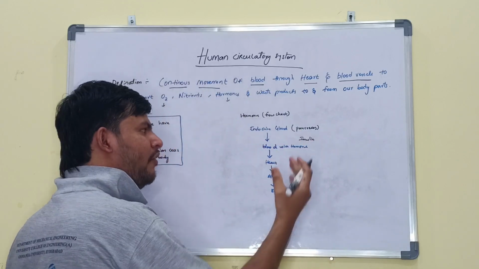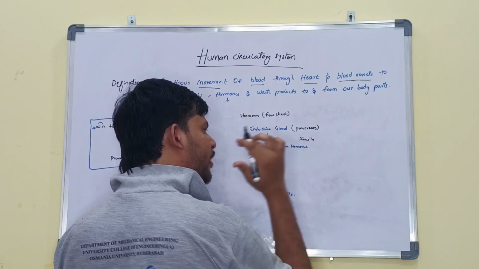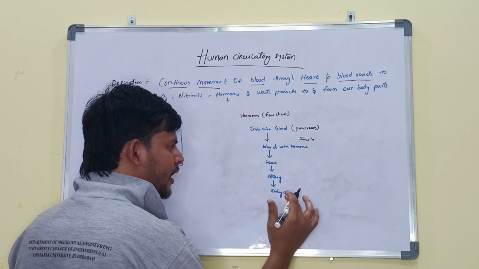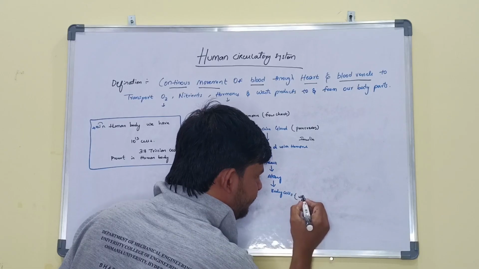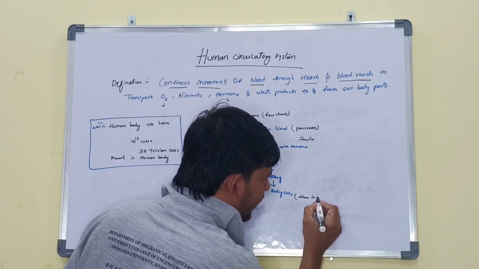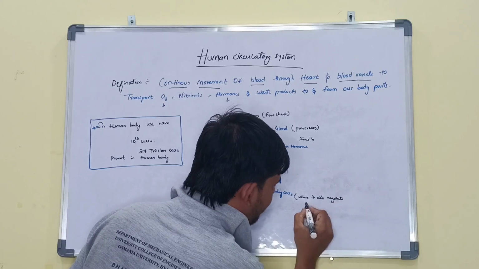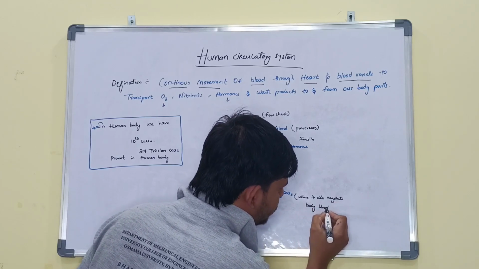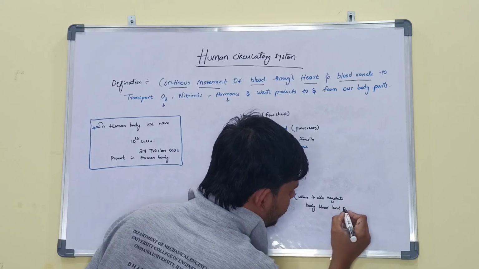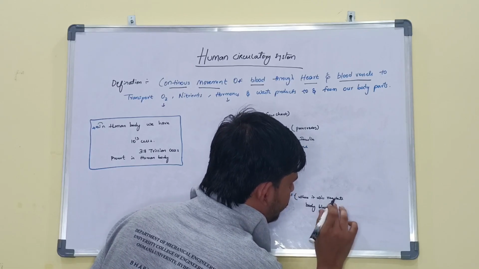This insulin will be mixed with the blood and it will be transported to heart, artery and body cells, where it will regulate the blood sugar levels.